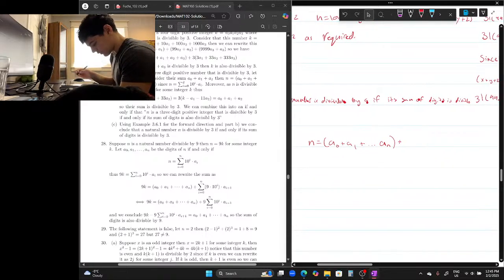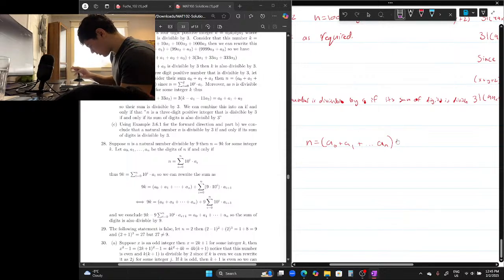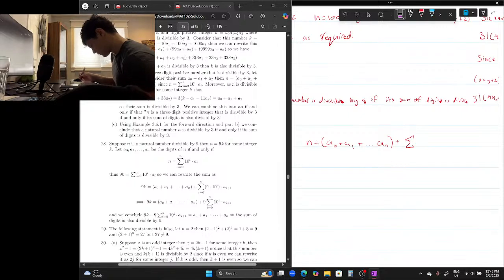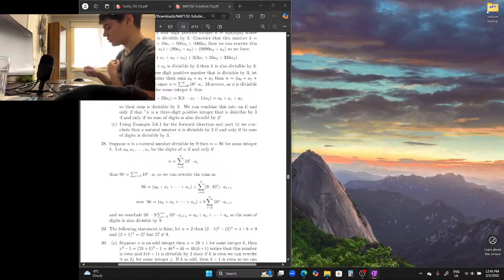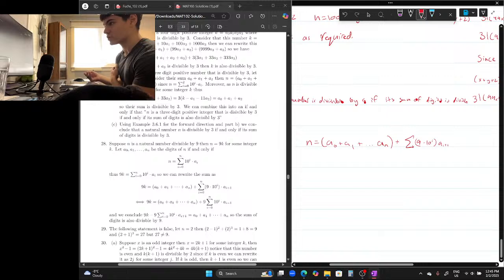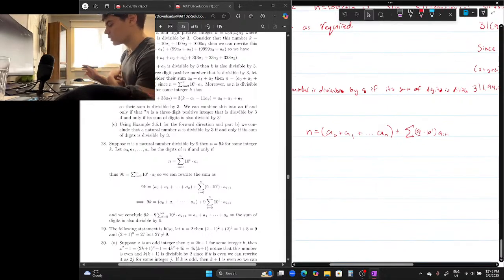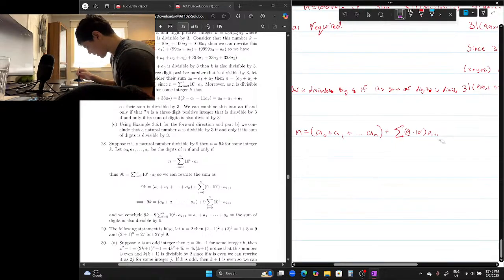My speaking is not that bad, I hope not. Anywho, this is akin to factoring out the 9, plus 9, plus whatever, right? So 9 times the 10 to the i times a of i plus 1. And of course we do a of i plus 1 because in any integer, you can't factor out the 3 from the ones digit. You just can't do it. So a of 0 is that ones digit, so we don't want to include it. So we start at 1 and then go to n. And we stop at n, right?